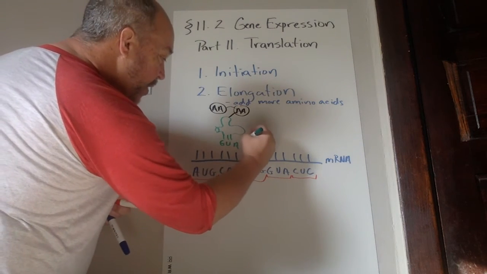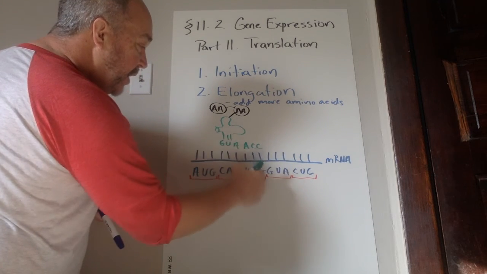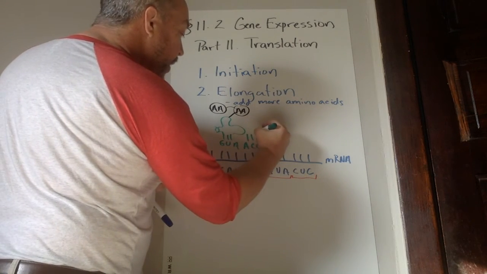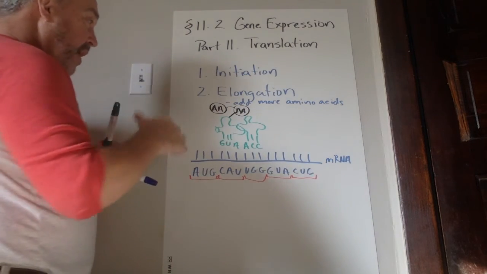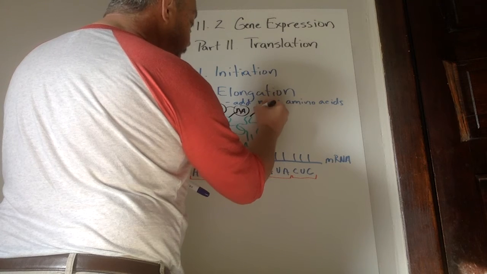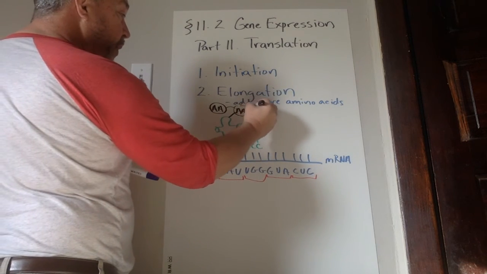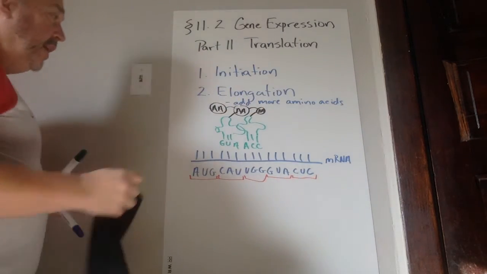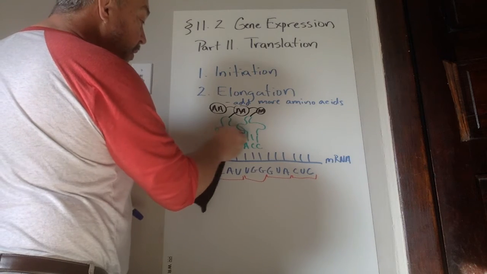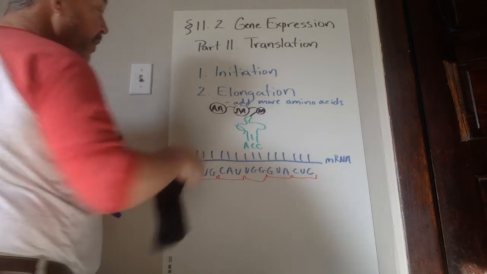It will have an anticodon of ACC, because U goes to A, G goes to C, G goes to C. It'll have another amino acid attached to it. The ribosome will form a peptide bond. Well, now this tRNA has done its job. So now it can go off and find another amino acid to bring to another thing.